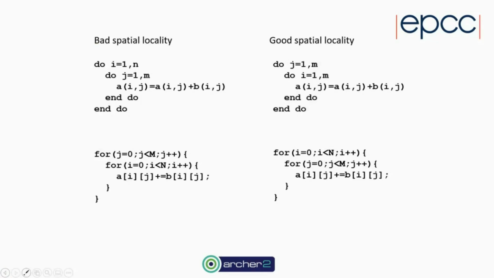So in C, A000 is next to A001, but A010 is 100 elements away.